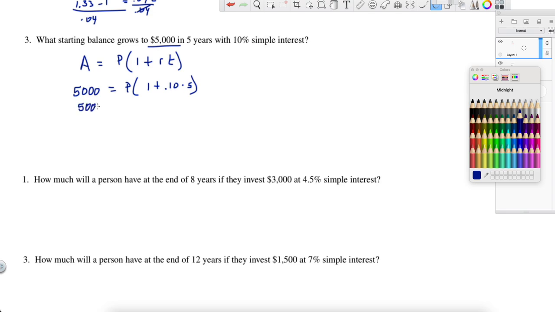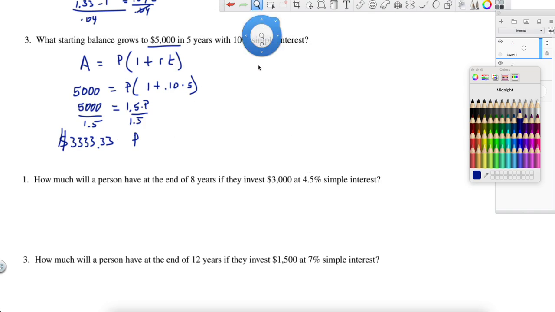So basically we got 1.5 times our principal, and we're going to divide that 1.5 to both sides. So we got 5,000 divided by 1.5. It's 3 repeating, right? 5,000 divided by 1.5. Yeah. $3,333.33, rounded to the nearest penny there.